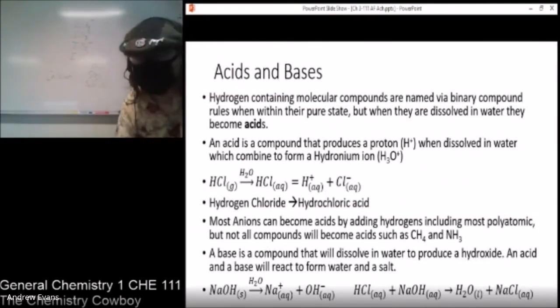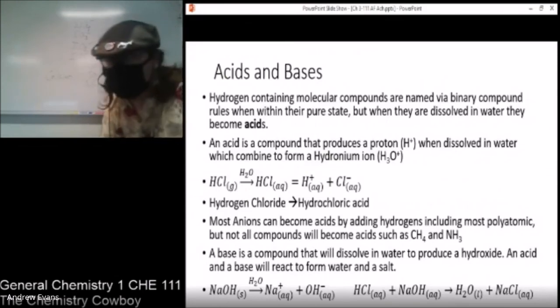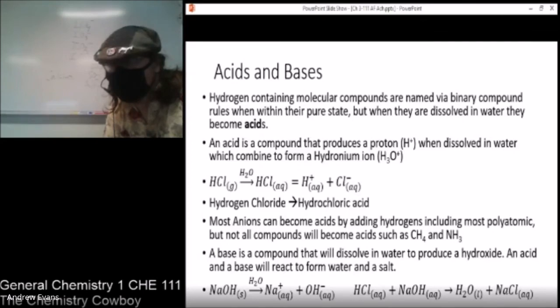So the last thing we're going to learn about is acids and bases, naming these guys. Now, when we talked about hydrogen-containing molecular compounds, typically they would be named like a binary compound, but in their pure state, like as a gas.